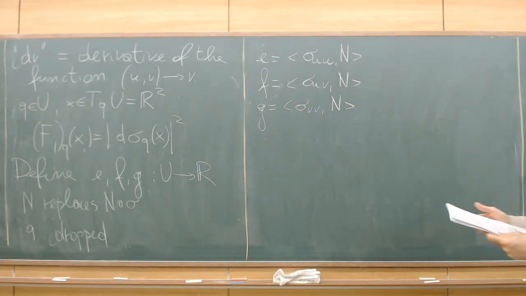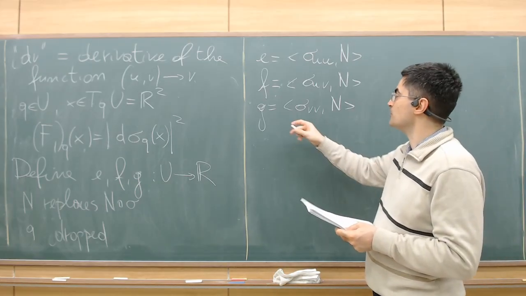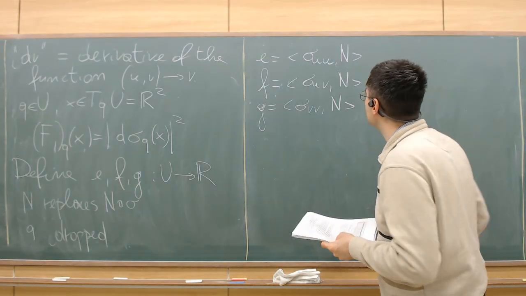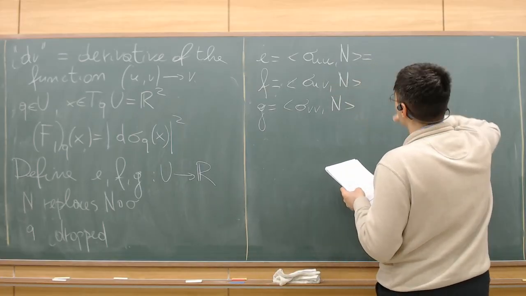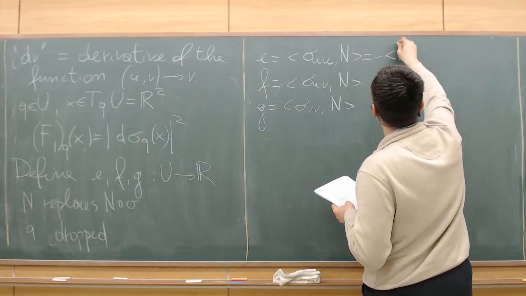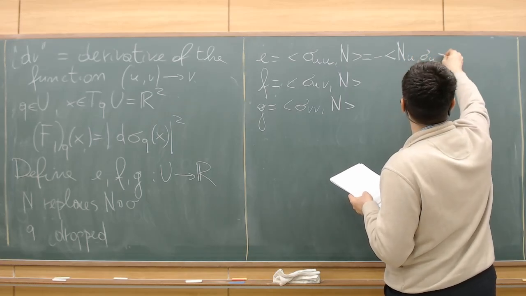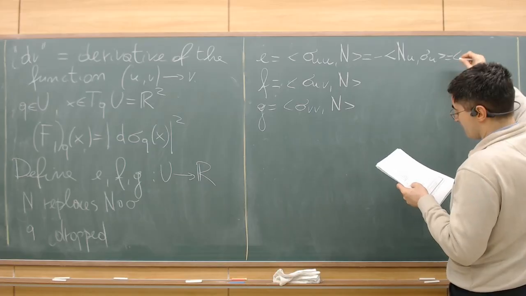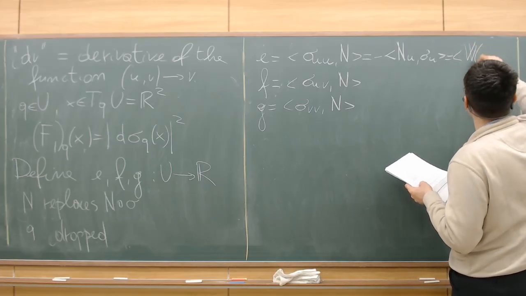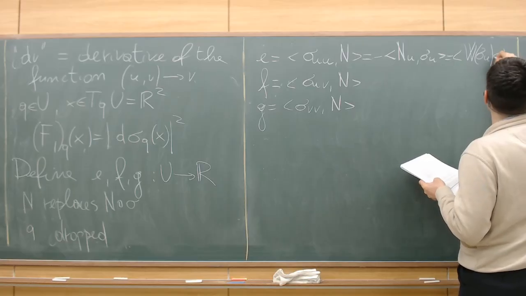Now I want to observe that there are alternative expressions for E, F, and G. Precisely, E is also equal to minus the inner product of nu with sigma u, but this coincides with W, the Weingarten map evaluated at sigma u, multiplied with sigma u.